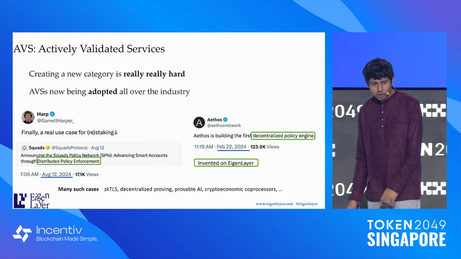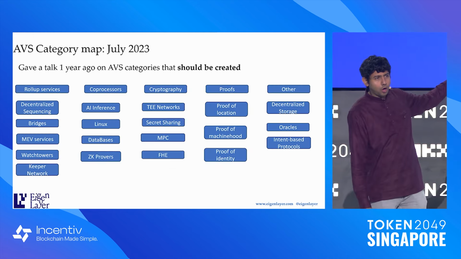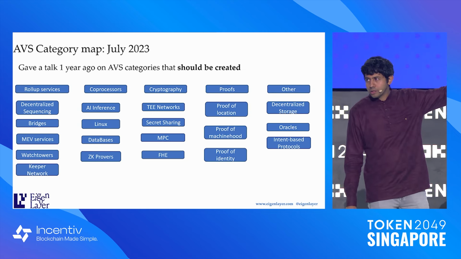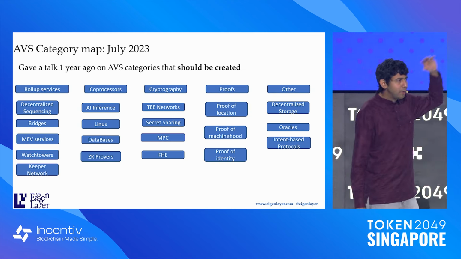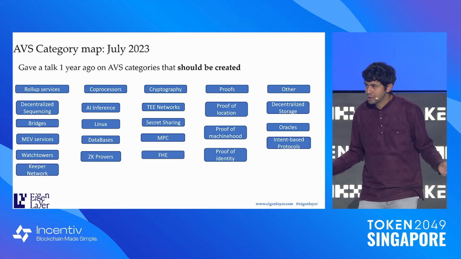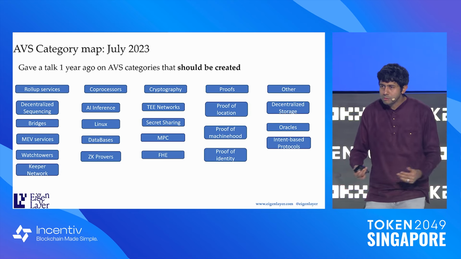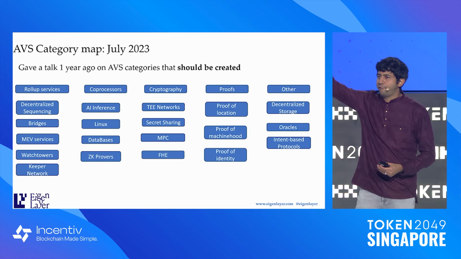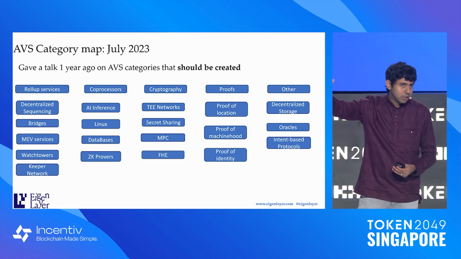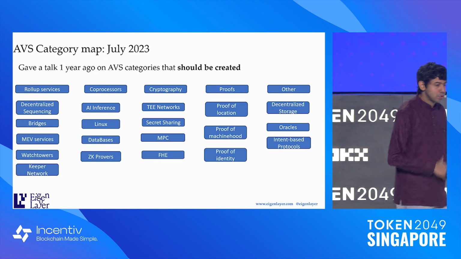I'm going to talk about a few here. I gave a talk on what is an actively validated service, what are the categories of new things that can be created. When people think about restaking, they think, go run a new chain. That's not interesting. Actively validated service means you can think of any off-chain service that you can offer with high trust guarantees. That's what an actively validated service is. On EigenLayer, you see a massive category of AVSs.